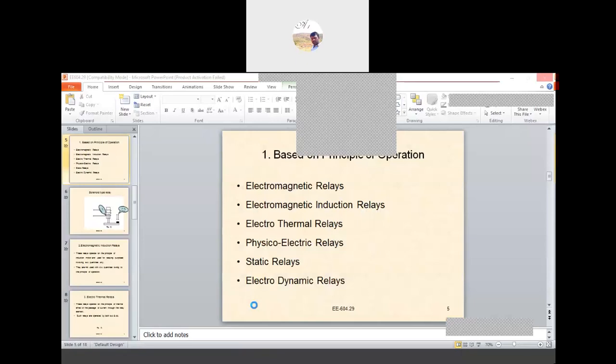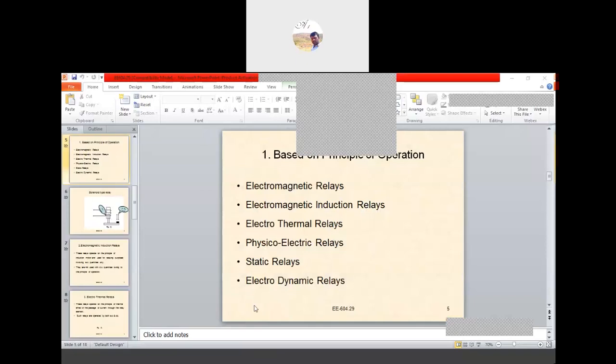Mainly, the three classifications are electromagnetic relays, static relays, and microprocessor based relays. These are the three main classifications. In the electromagnetic relays, we have electromagnetic induction relays and electrothermal relays.